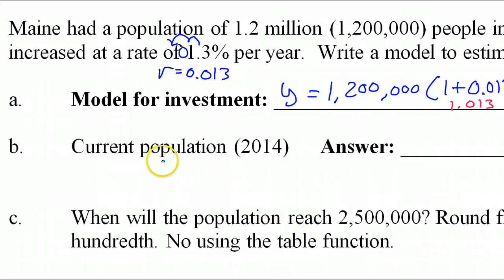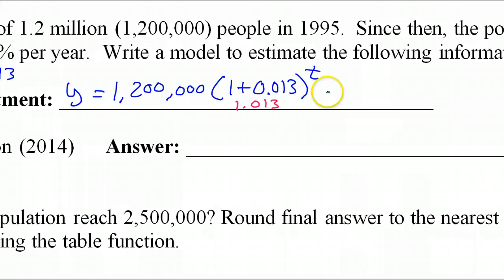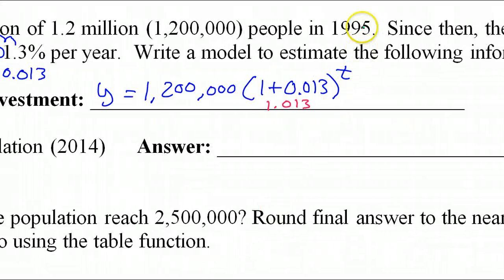So first of all, what is the current population, assuming this trend continues? I'm not going to put in 14 or 2014. This initial population was in 1995, so t is how many years have gone by. How many years from 1995 to 2014?